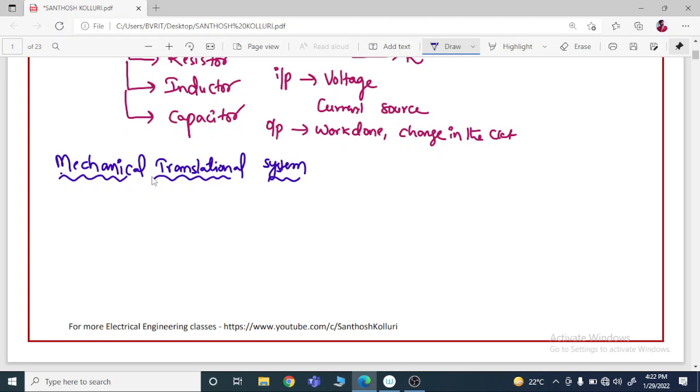The mathematical model of the mechanical translational system can be obtained using three basic elements, as we discussed just now.